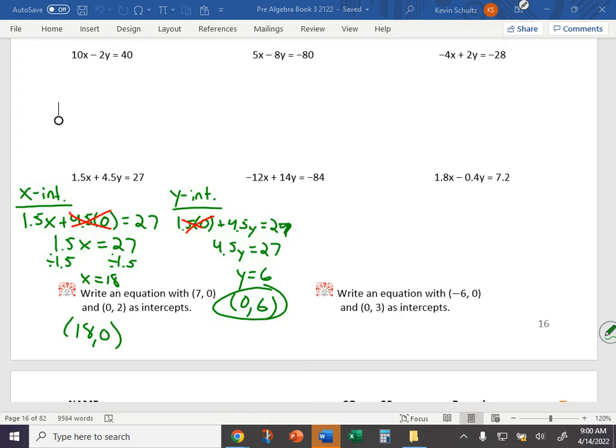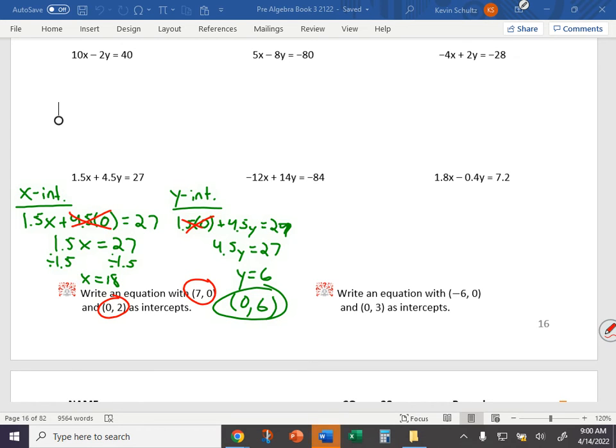Any thoughts? So if 3 and 8 were the answers for the x-intercept and the y-intercept, and we notice that 3 times 8 equals 24, which is the number that the equation equaled in the very first example we did, here we've got (7, 0) and (0, 2).